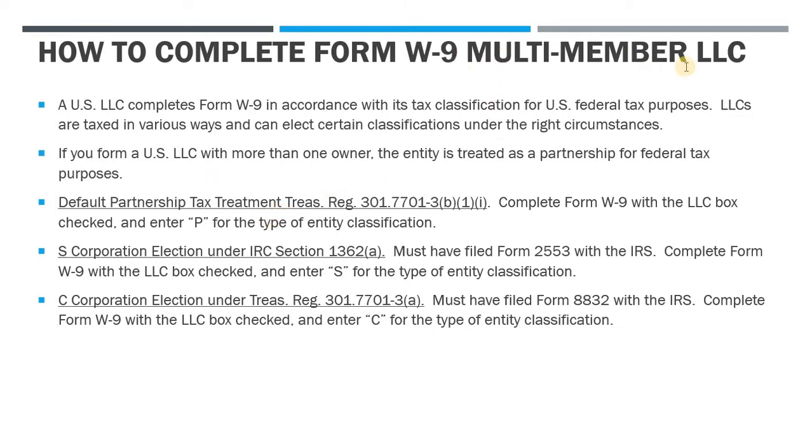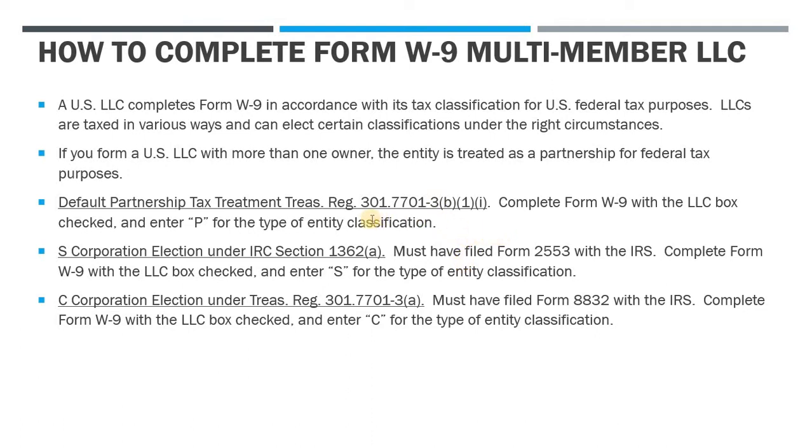So we have multi-member LLCs here. That's our fact pattern, right? So this is an LLC with two or more owners. Now, if you form an LLC with more than one owner, by default, it's going to be treated as a partnership for federal tax purposes, right? So these default tax treatments, you can find these in the Treasury regs, 301.7701-3.